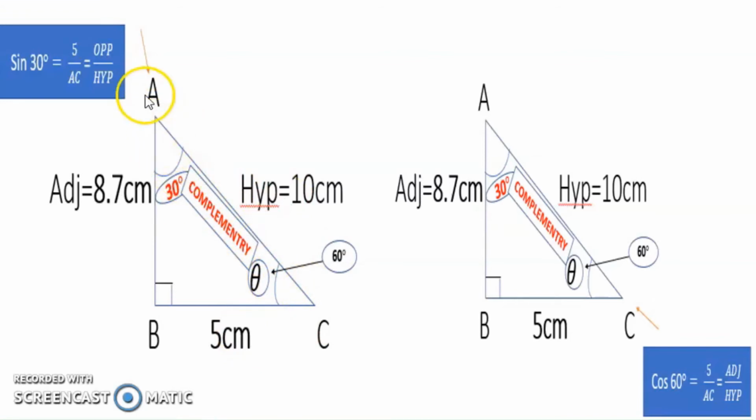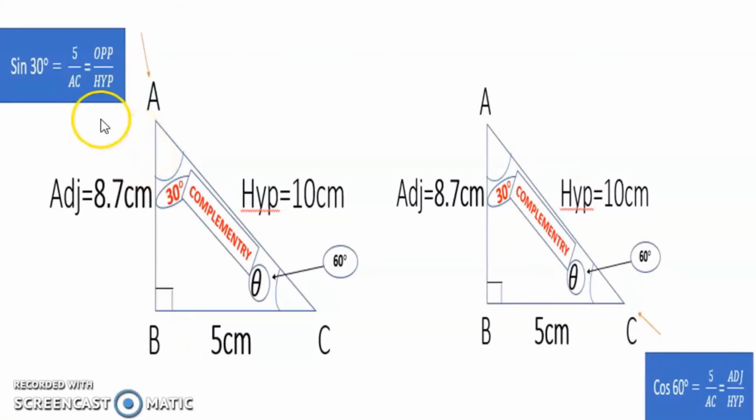But if I change the location from point A to point C, we are still going to get 5 over AC. But what happens here? The angle will change from 30 degrees to cos 60 degrees. So if we are having cos 60 degrees, it will still become adjacent over hypotenuse, but the location differs.